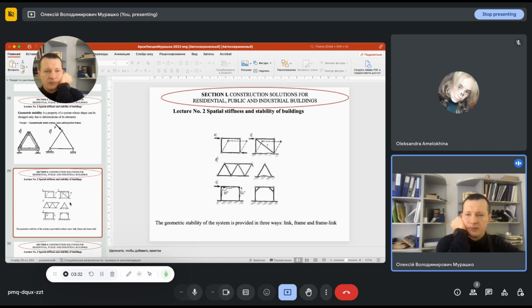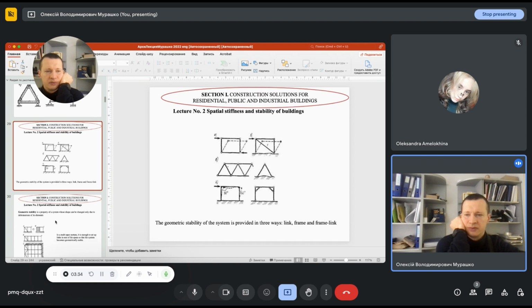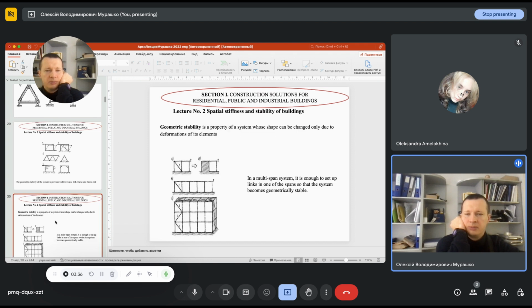And when we were considering this situation, we remembered that the minimum amount of link elements or rigid elements which we can include in the spatial scheme of the building is only one. So only one link element can redistribute internal forces in that way to save the stability of the overall structure.